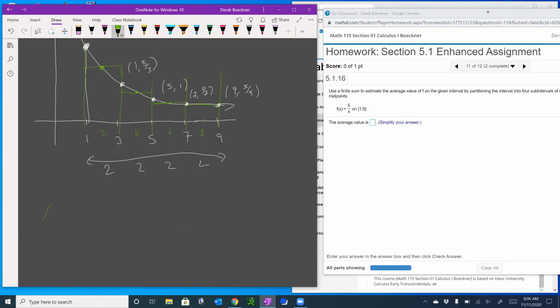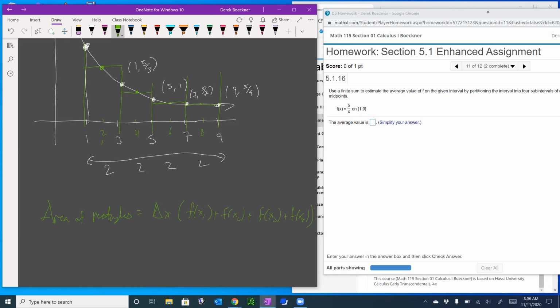And so the area of the rectangles is going to be delta x times f(x1) plus f(x2) plus... well, I just have 4 of them, so f(x3), f(x4).